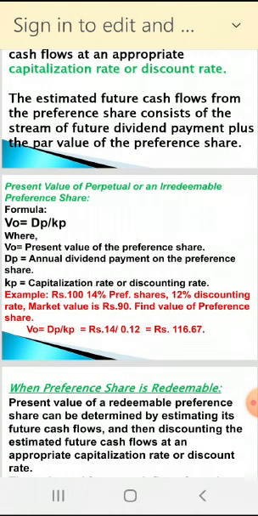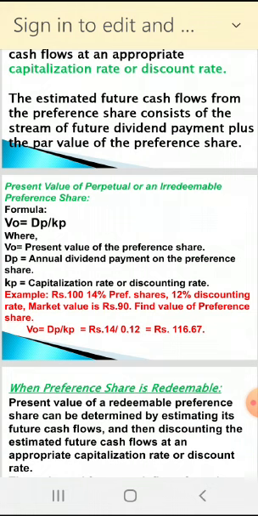So V0 is equal to DP upon KP. DP means dividend, 14% of rupees 100, so how much will it be? Rupees 14 divided by discounting factor 0.12. Let's calculate quickly. Rupees 14 divided by 0.12 is equal to rupees 116.67.